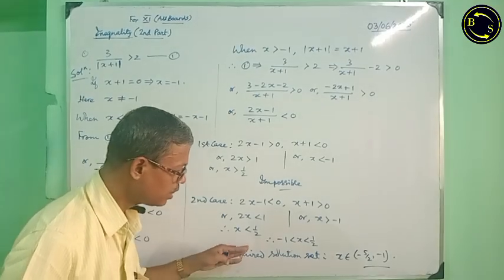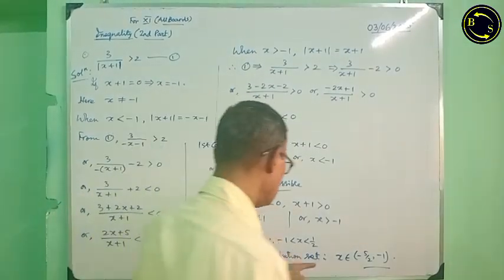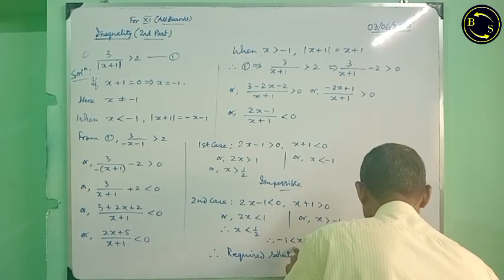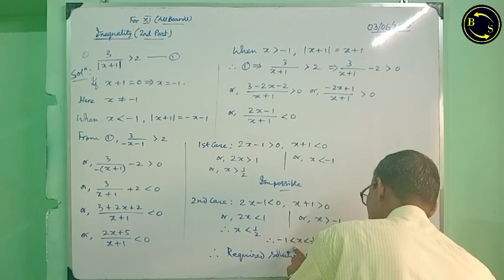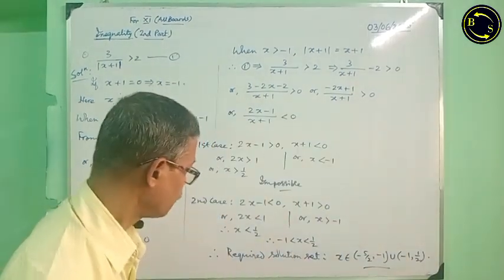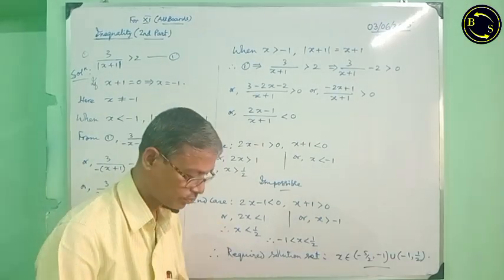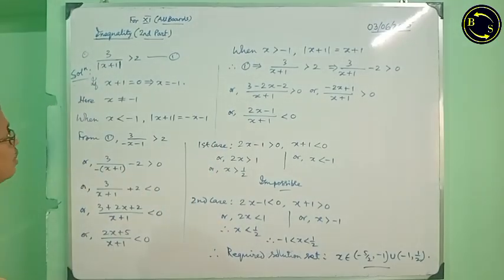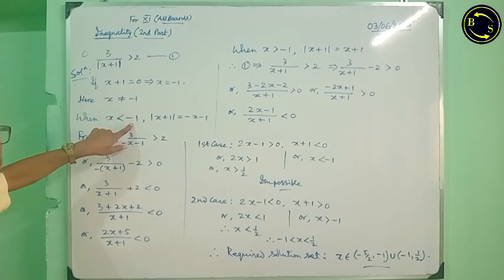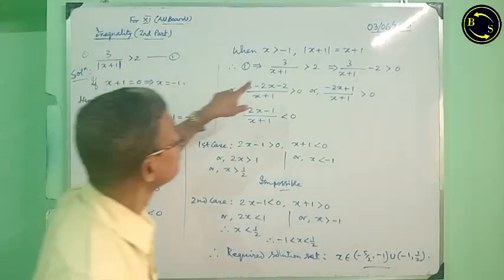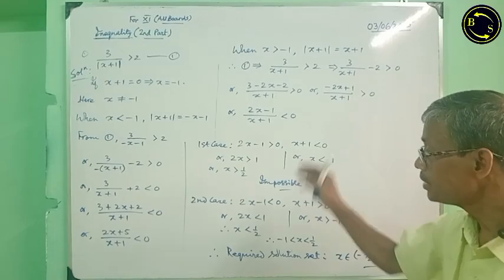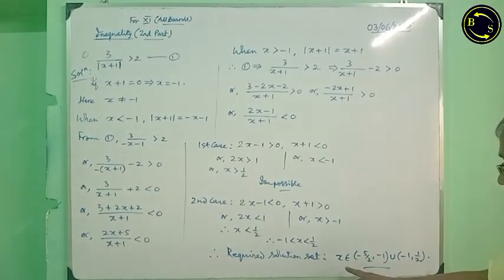Therefore, finally, required solution set will be this union. We have to consider both cases, x plus 1 less than 0 case and x plus 1 greater than 0 case, and discussing both the cases we get the required solution set.